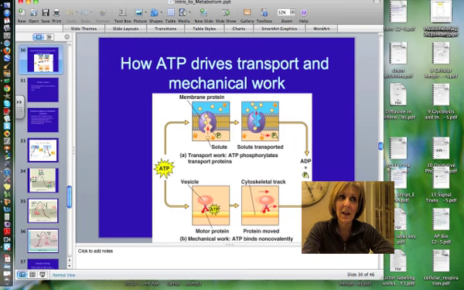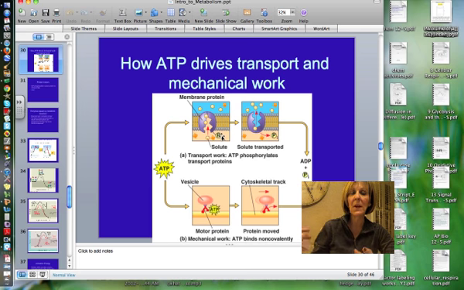So that's an example of how ATP is going to drive chemical work, but ATP can also drive mechanical work and transport work by also phosphorylating. We already learned in the chapter on cell transport that in these membrane proteins in the cell, when the cell needs to do active transport, a lot of times the membrane protein will be phosphorylated.